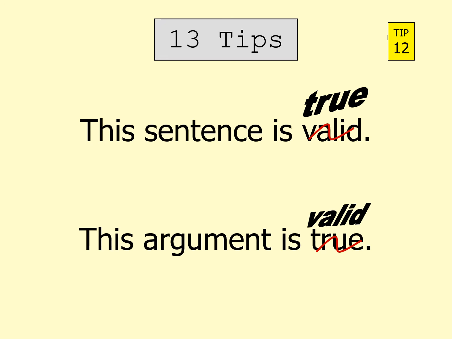Validity is about the form of the argument. It is about logic. In other words, to say an argument is invalid is to say that the argument is illogical. To say that it is valid is to say that it is logical.